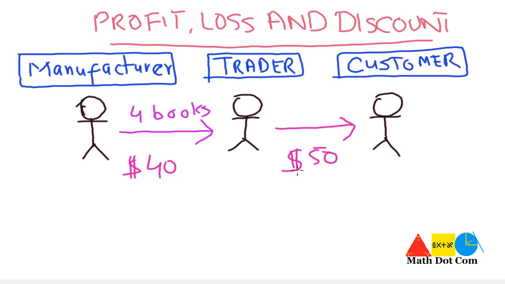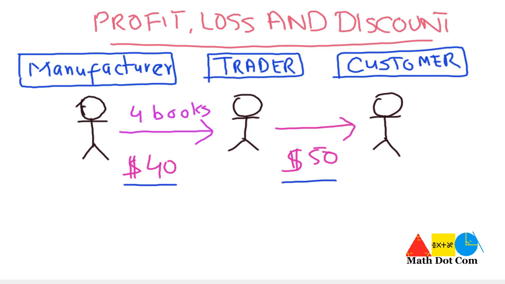Okay. So now on the basis of these rates, we will decide whether the trader is on a profit or a loss. Here we will get the concept of profit and loss. Now let's see, there are a few terminologies that we have to consider here to understand the concept properly.